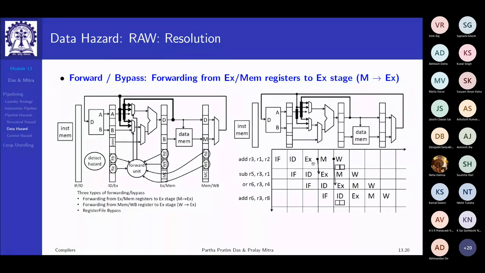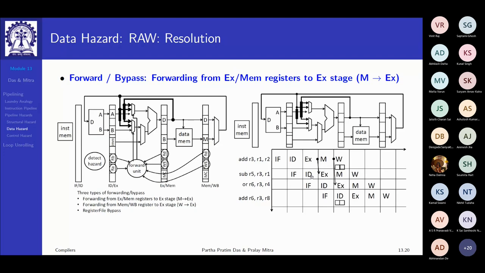After add has been worked on, that is R1 plus R2, it has been computed for R3 in the EXE stage. So here itself you have the value of R3, though it is not yet available in R3. So instead of trying to read it from R3, it can directly pass that value on.